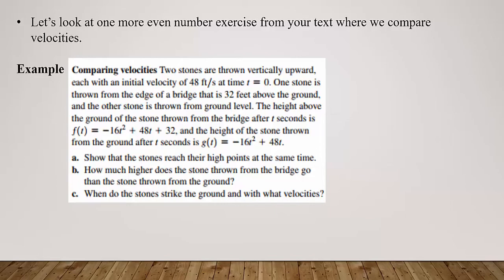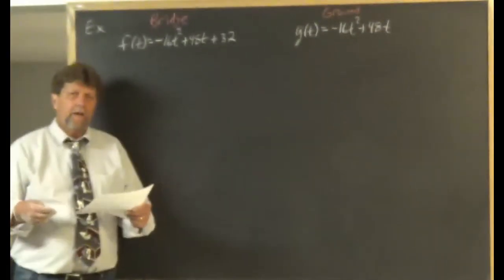Part B will determine how much higher the stone thrown from the bridge will go than the stone thrown from the ground. Then in part C, we'll determine when the stones strike the ground and with what velocities. So have this example written down because we're heading off to the chalkboard to work through it. All right, in this one there were a lot of words.